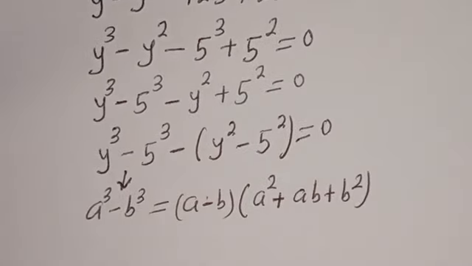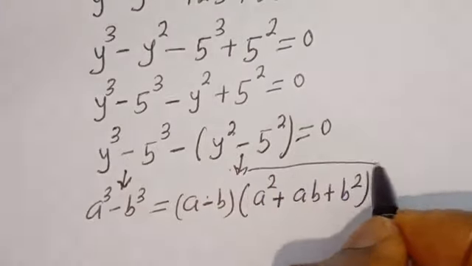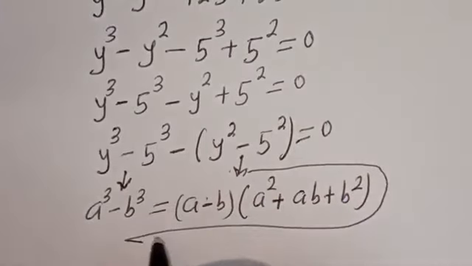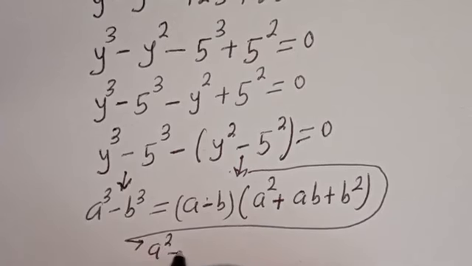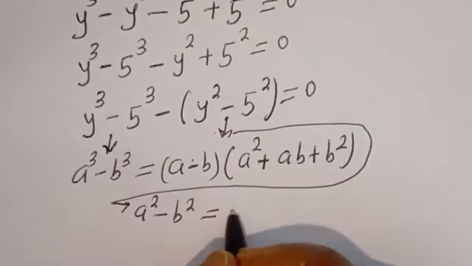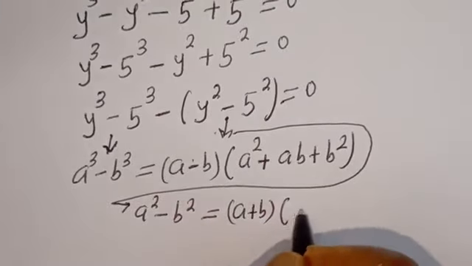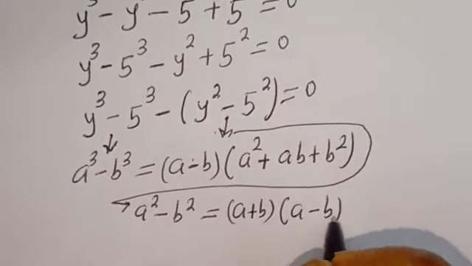And also from here, if you have a square minus b square, this is equal to a plus b bracket a minus b.